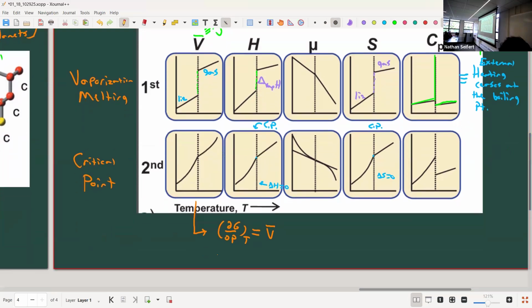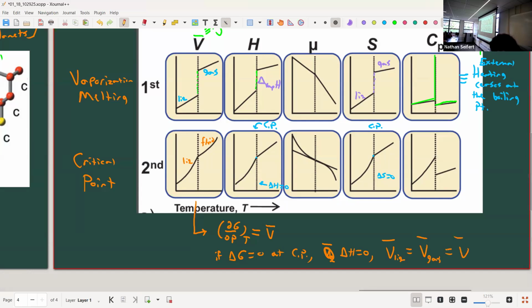And so that means that if delta G is equal to 0 at the critical point, and delta H is equal to 0, then the V of the liquid, and this is the fluid phase, the supercritical fluid, the V of the liquid is equal to the V of the gas, which is equal to V of the fluid, the supercritical fluid on the other side. So they're all the same value, right? That's the whole point of the critical transition, is that all the properties of the gas and the liquid converge.